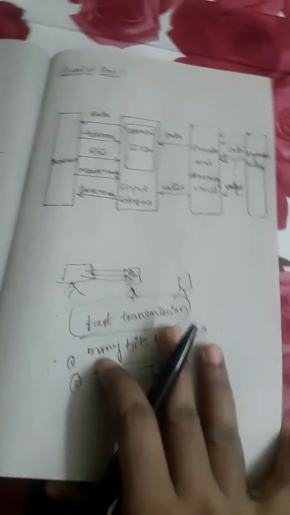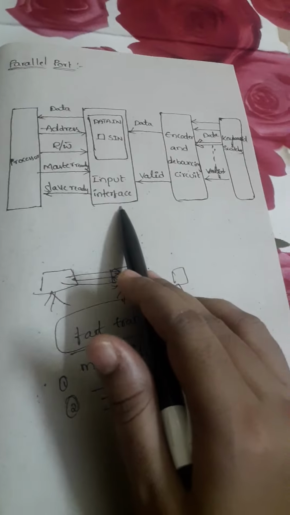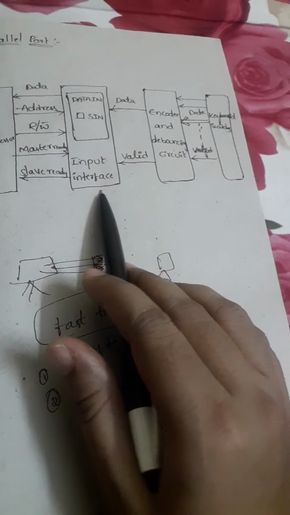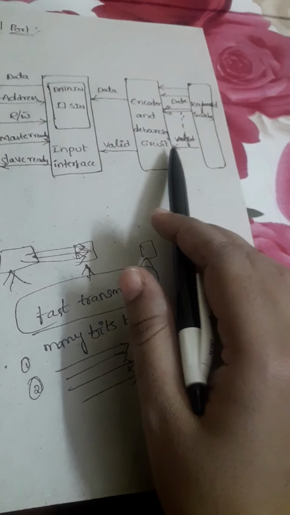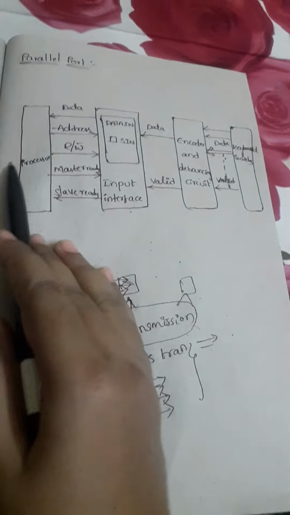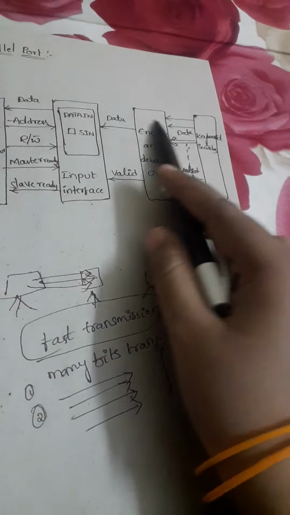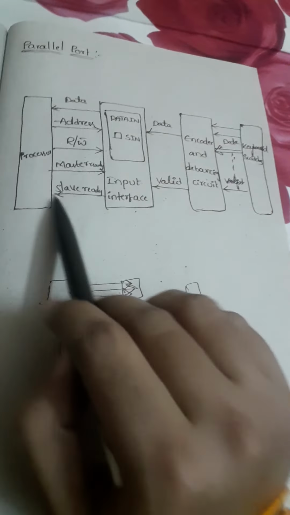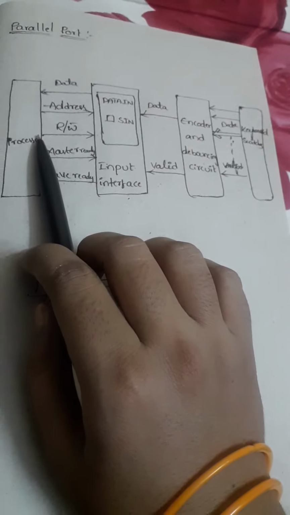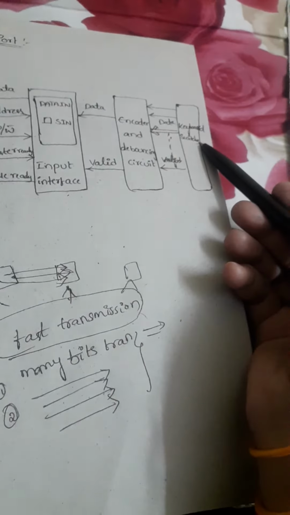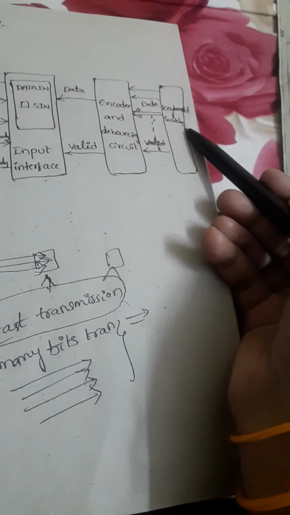See here, this is the parallel port diagram. On one side of the interface we have the bus signals, and the other side of the interface will be connected to the data path. Here we have a keyboard and switches.